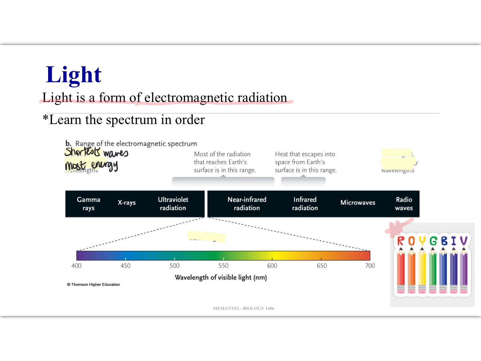So they're the longest waves, but lowest energy. And the visible light spectrum kind of falls not exactly in the middle, but it falls in between ultraviolet radiation and near infrared radiation.